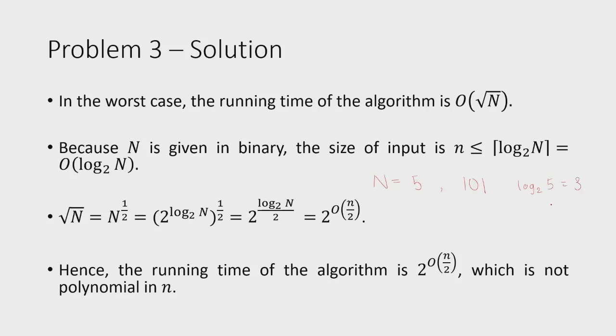This is 3, right? Sorry, ceiling. Then let's try with 10. So 10 is 1, 0, 1, 0, right? It's perfectly understood now. Beautiful.